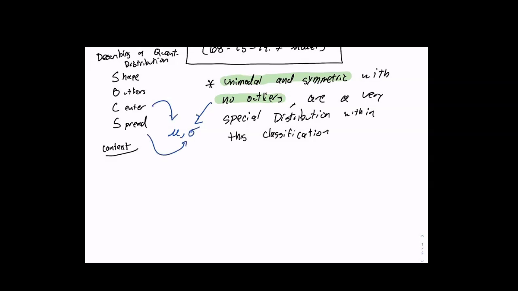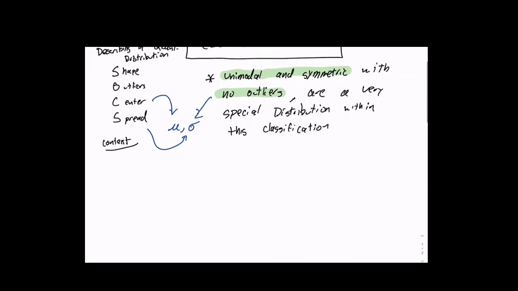Okay? Remember, those are the symbols for mean and standard deviation, which I have talked about. If a distribution is unimodal and symmetric with no outliers, we have a special distribution called the normal model.